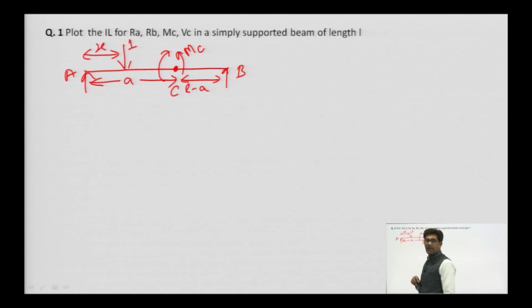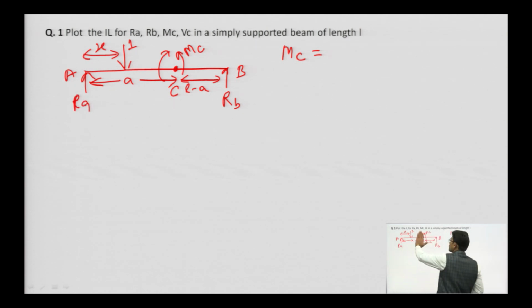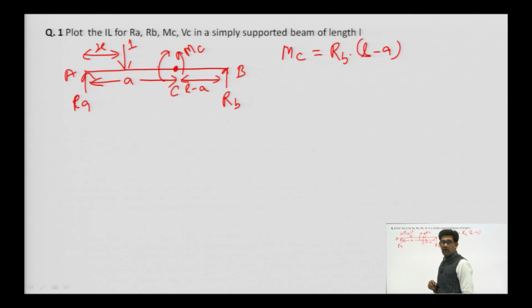Using the equilibrium equation, if this reaction is RB and this reaction is RA, considering only the right side part, the value of MC will be RB into L minus A. MC is equal to RB into L minus A.